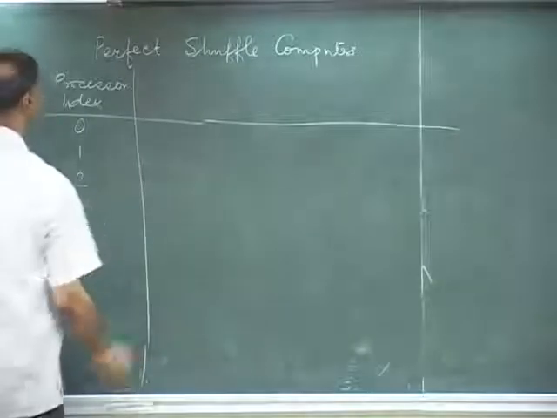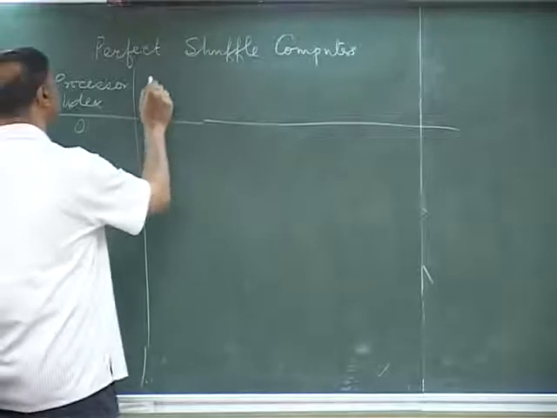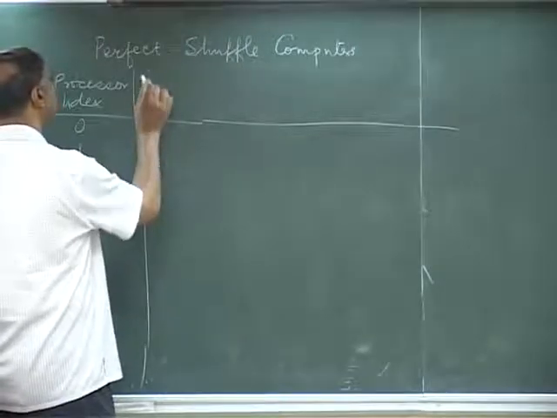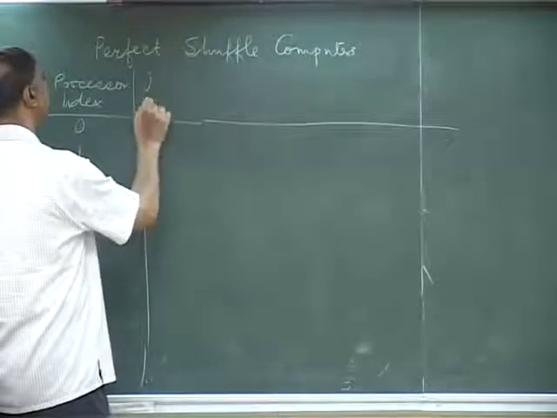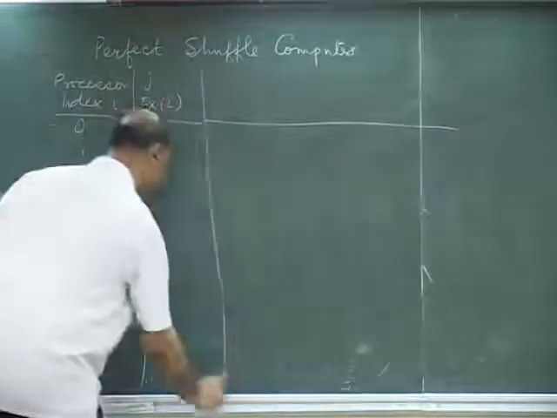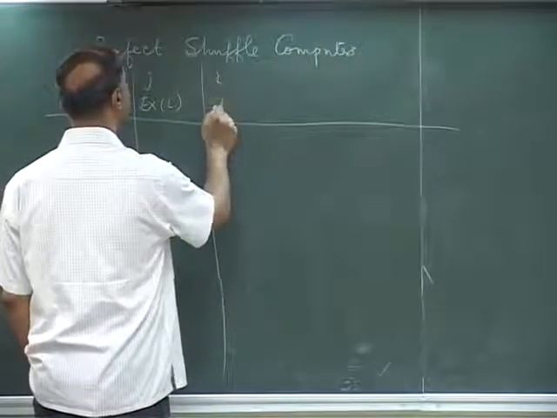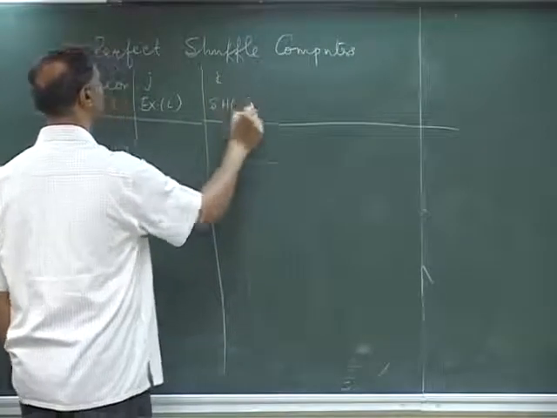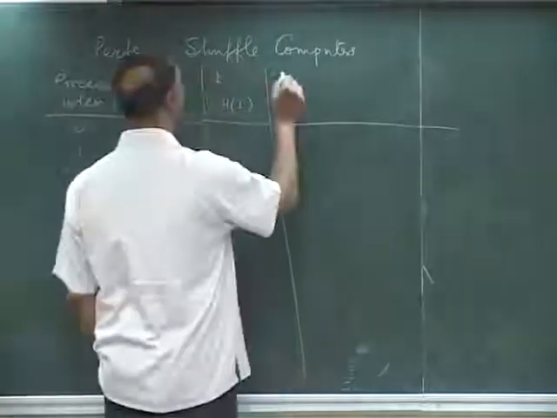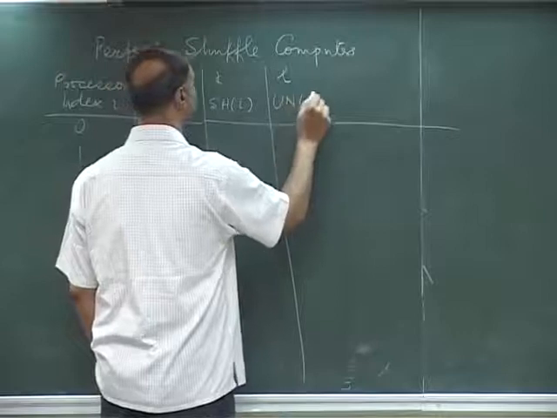These are the 8 processors we have taken. Then you have to obtain J, which is the exchange of I. You have K, which is nothing but the shuffle of I. And you have L, which is the unshuffle of I.